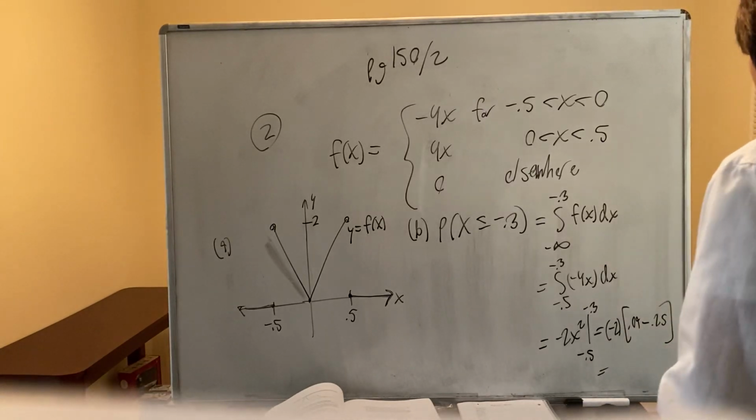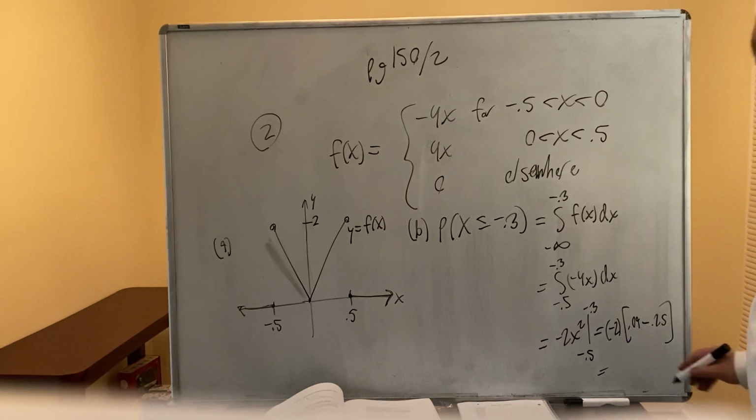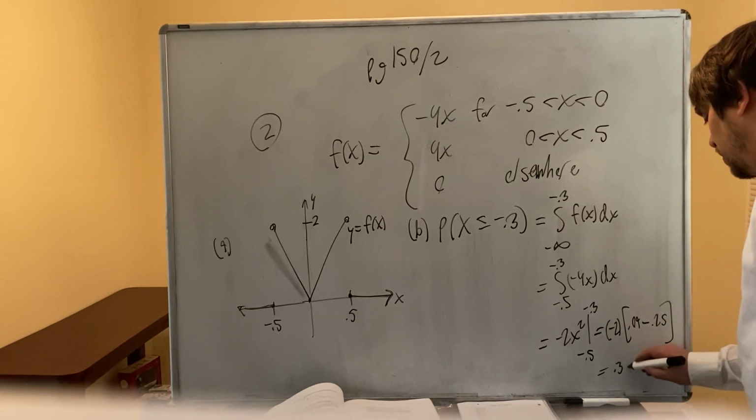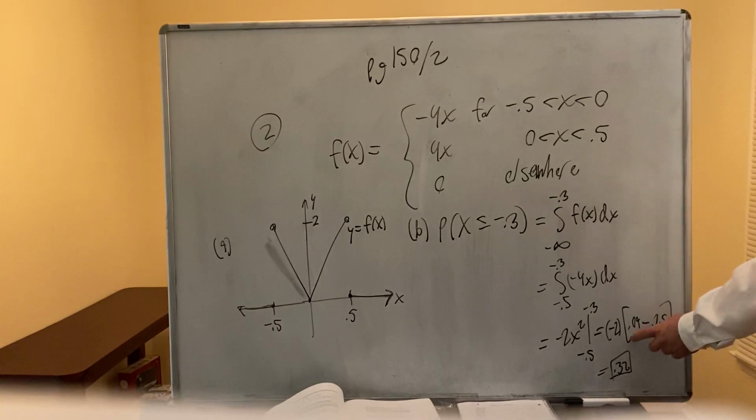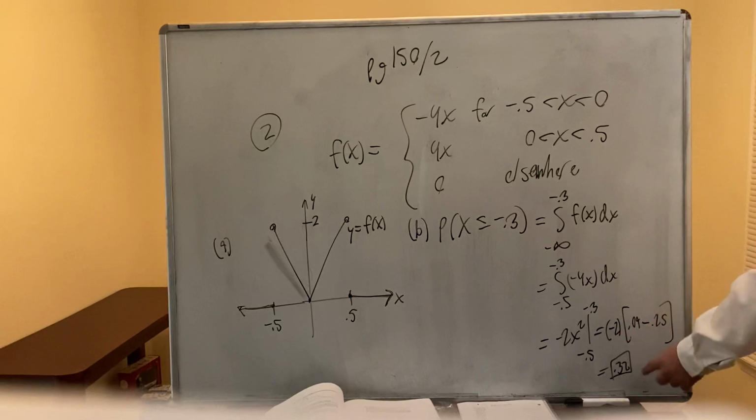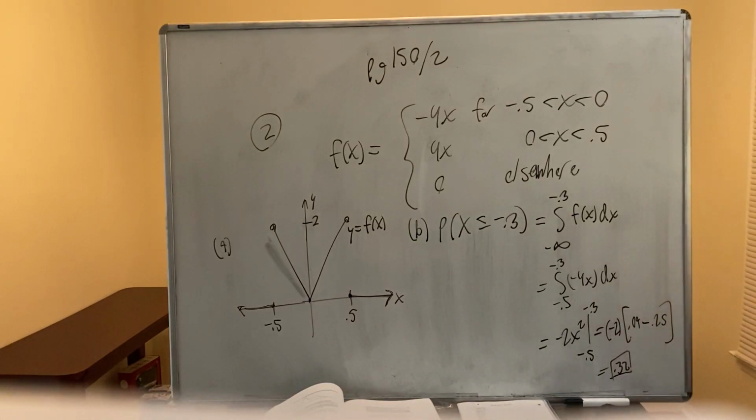So that's negative 0.16. The negatives cancel, so you get 0.16 times 2, which is 0.32. So the probability x is at most negative 0.3 is 0.32. Okay, that's number 2.